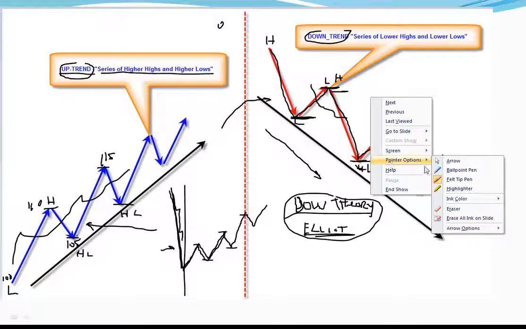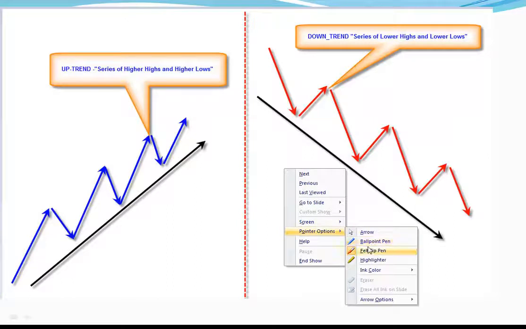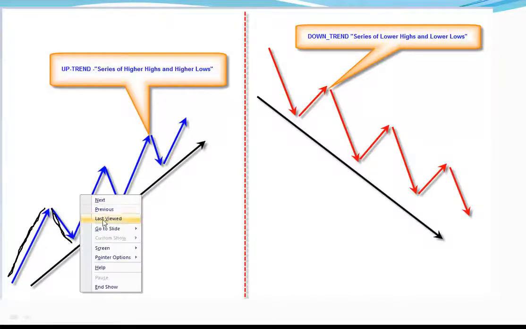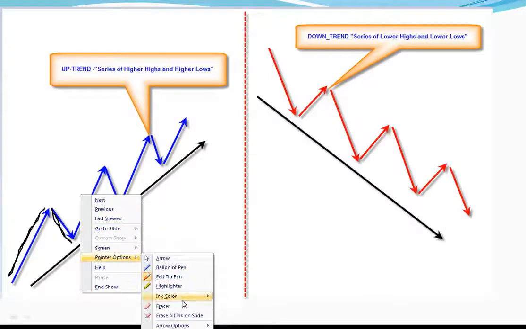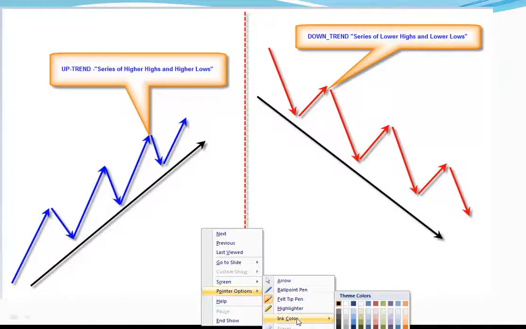Now let me just erase all ink and put the felt tip. Now looking into the future of what we're going to be doing, not really today, but what we're going to be doing is a couple of things. Number one, we always look at this is the move up, and this right here is the retracement. Actually, let me fix the color. All right, let me fix the color here so we have a nicer color.